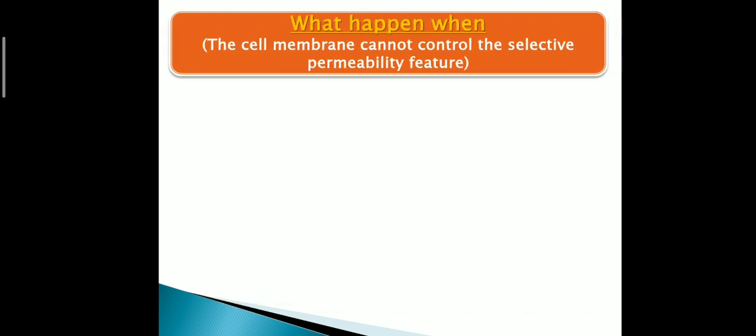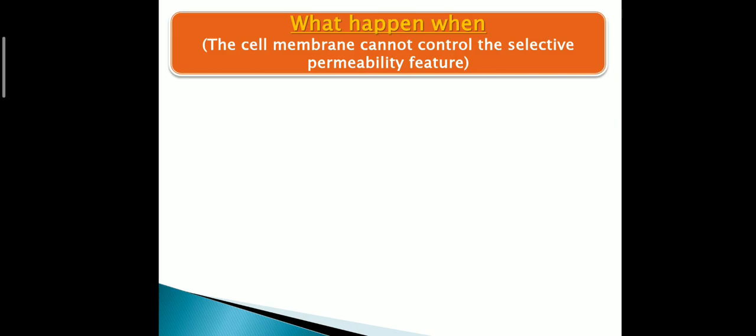Another question. What happens when the cell membrane can't control selective permeability? We said selective permeability allows some substances to enter and prevents other substances from entering.